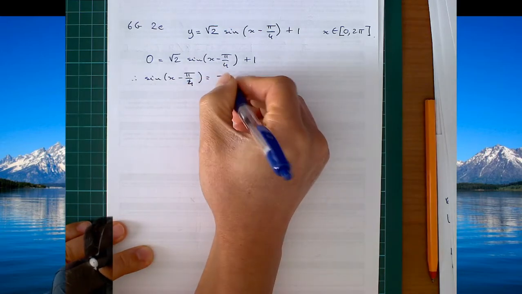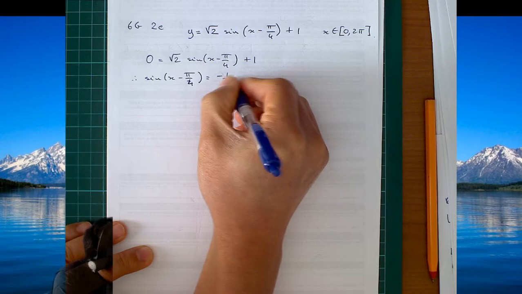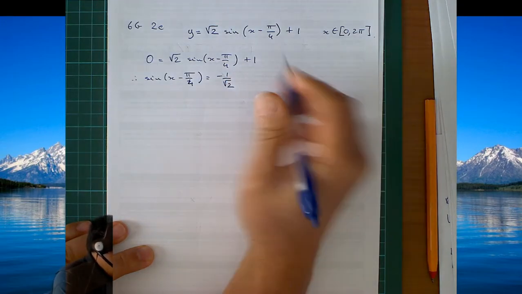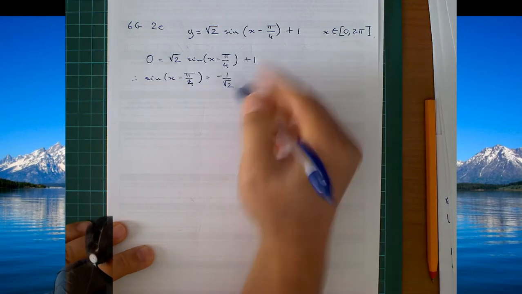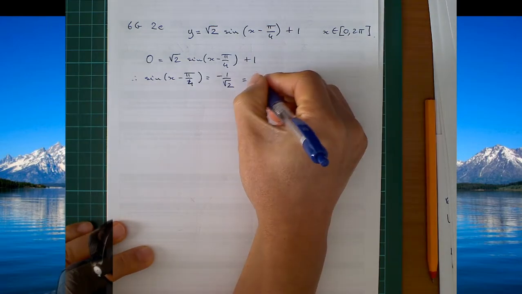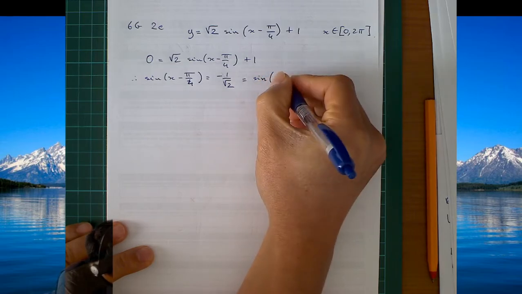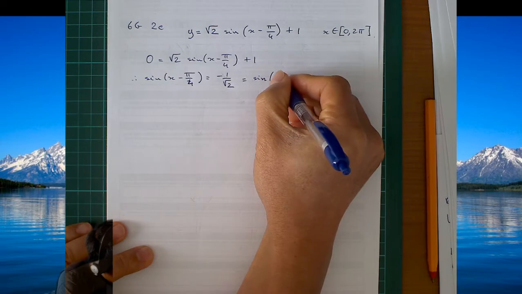That's negative 1 over root 2, which is sine of, would that be negative pi on 4?